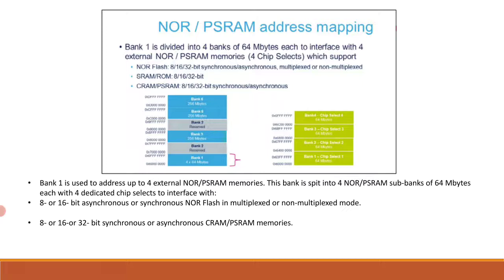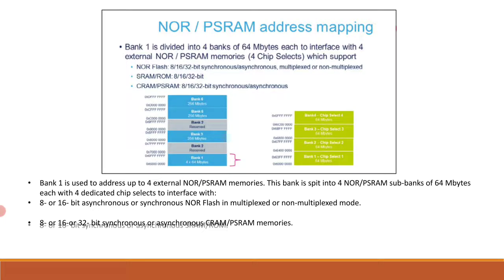You can see in this representation, this bank is split into 4 NOR or PSRAM sub-banks of 64 megabytes each, with 4 dedicated chip selects to interface with 8 or 16-bit asynchronous or synchronous NOR flash in multiplexed or non-multiplexed mode, 8-bit or 16-bit synchronous or asynchronous SRAM or ROM, and 8, 16, or 32-bit synchronous or asynchronous CRAM or PSRAM memories.